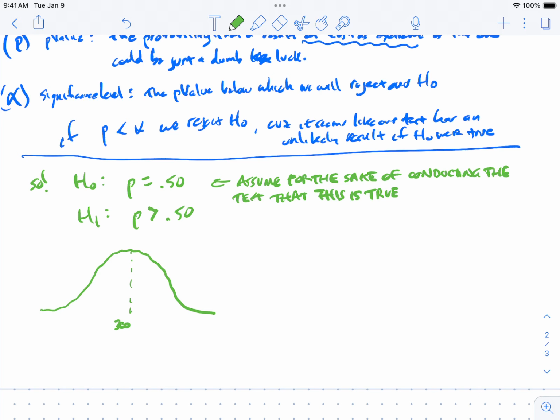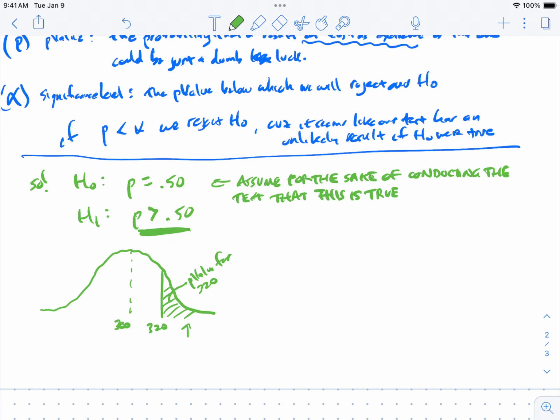And we got 320, and I don't know how far out this is, because I don't know what the standard deviation is. But we'll just go on. Now, the p-value of 320 would be the area to the right, because we're interested again in it being greater than 50%.